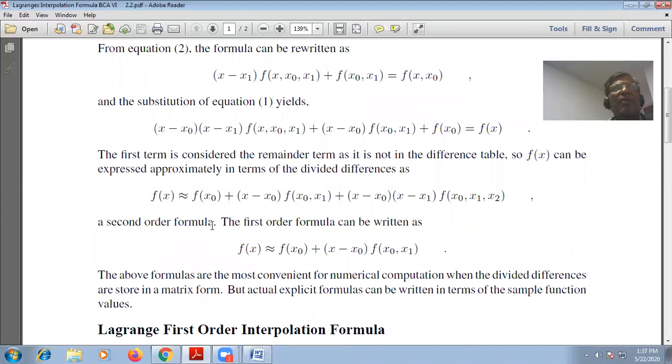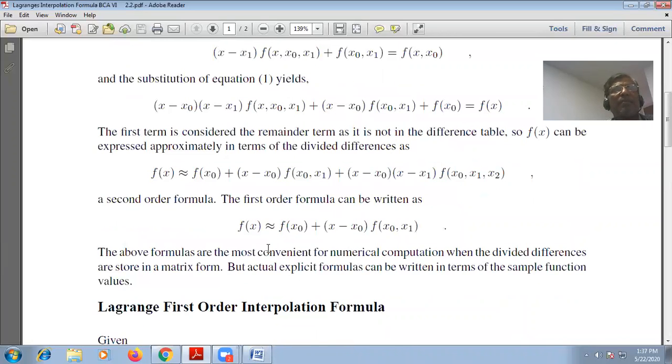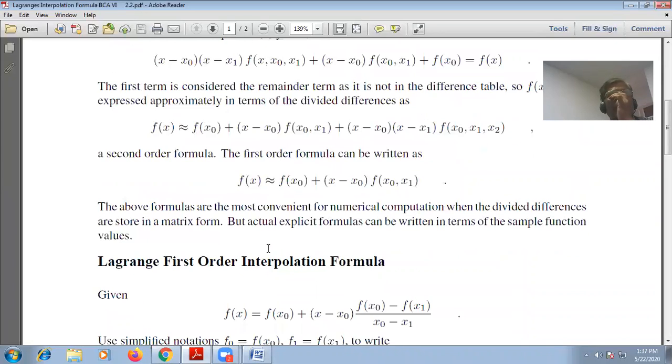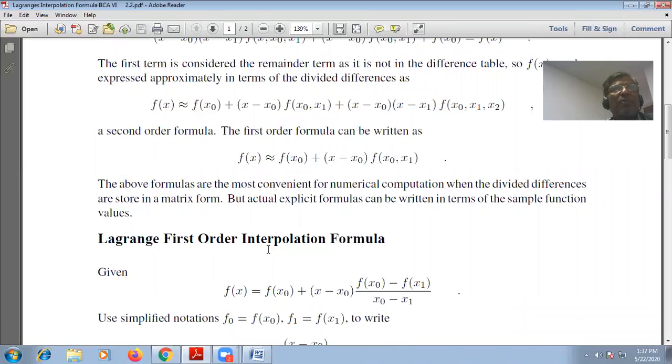A second order formula. The first order formula can be written like this, as we have obtained above. The above formulas are the most convenient for numerical computation when the divided differences are stored in matrix form. But actual explicit formulae can be written in the form of sample function values.